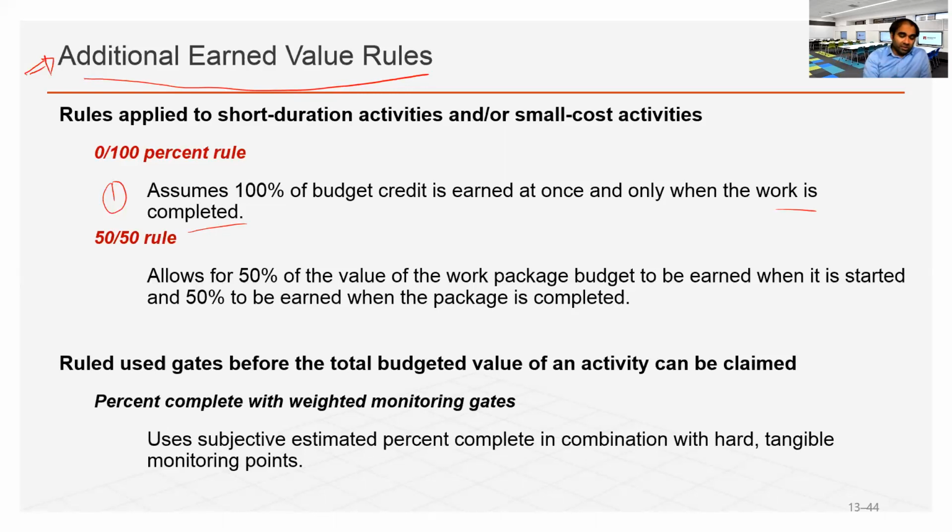If you see that an activity is 90% complete but its earned value is still 0, you may wonder what's going on, but you need to understand that a different rule was applied in calculating the earned value for that part. So remember that these two rules exist: 0-100% and 50-50%.